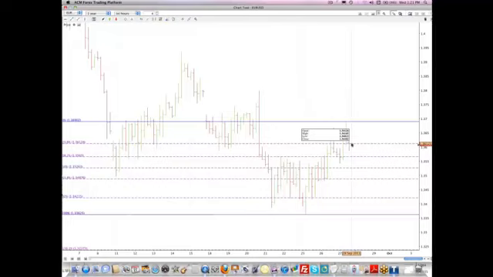Then we're also going to subtract it from the open: 1.3610 minus 0.0013, minus 0.0021, minus 0.0035, minus 0.0046. So let's get all those factors.